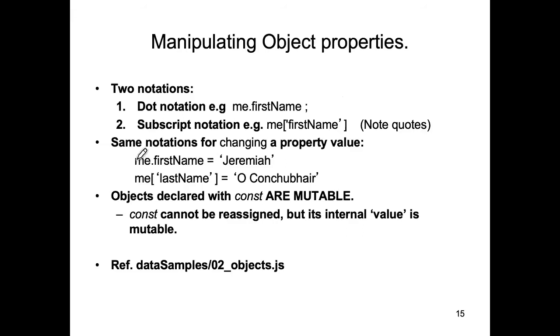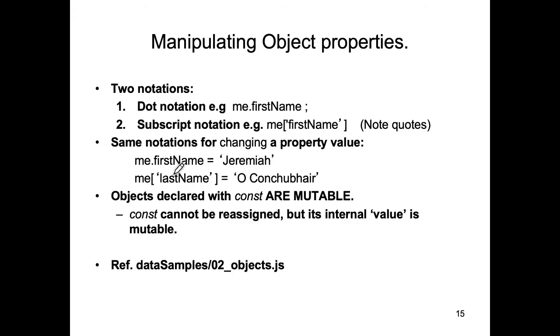It's the same syntax that we use if we want to change the value associated with a key. So here, the me.firstname is appearing on the left-hand side of an assignment statement, and the effect of this entire statement is to change the value associated with the first name key to Jeremiah.